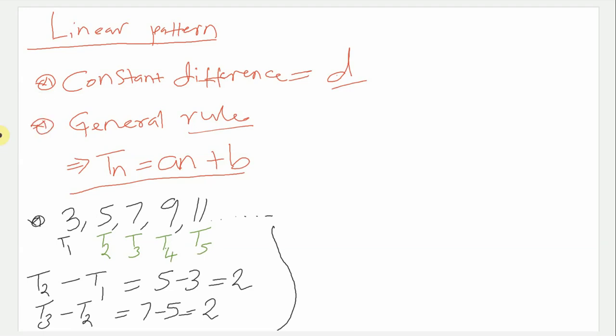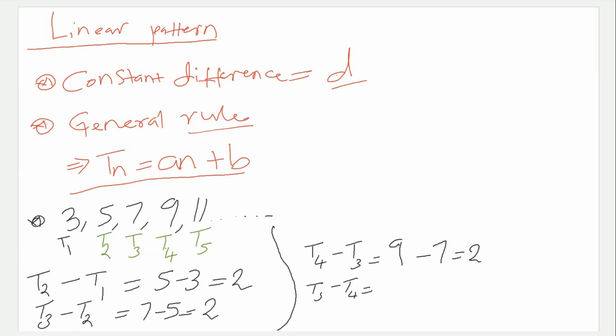If we continue using the same method, we can say T4 minus T3 will give you 2. And then T5 minus T4 will give you, well, I can't just say 2 here because I need to do the real subtraction. Our T4 is 9 minus 7, which will give me 2.